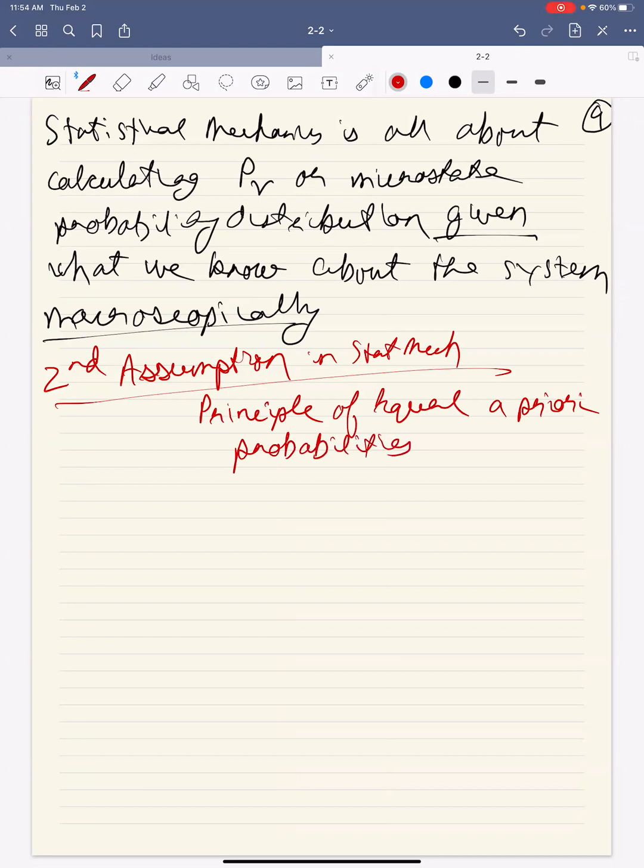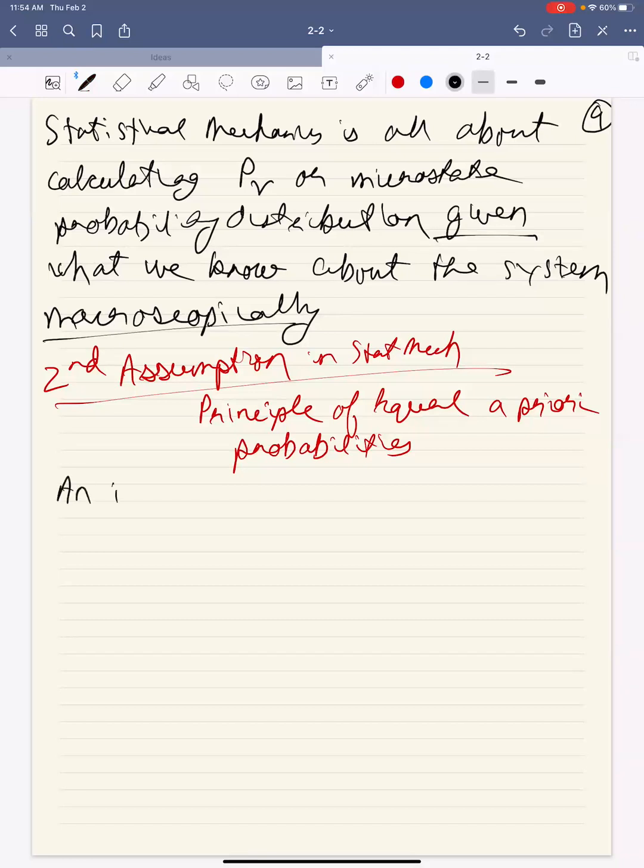What language is it? Latin, right? A priori means before, without any assumption. So beforehand, if you know nothing about a system, there is a principle that tells you all probabilities are equal. What does this principle really say?